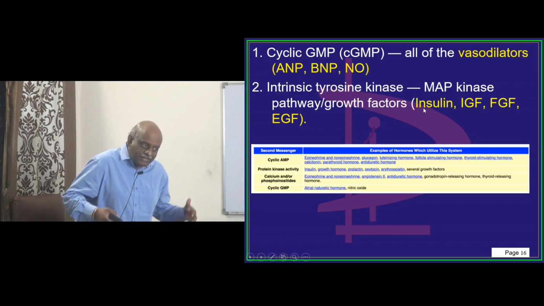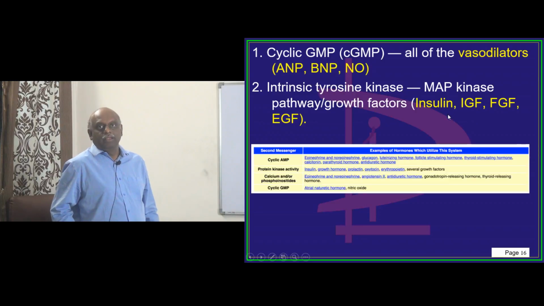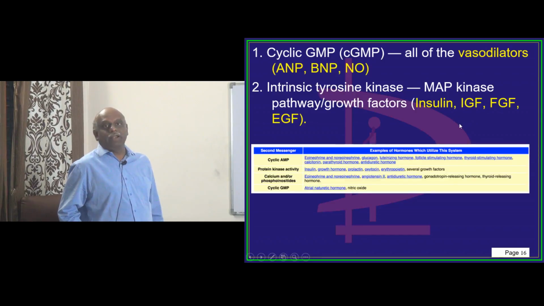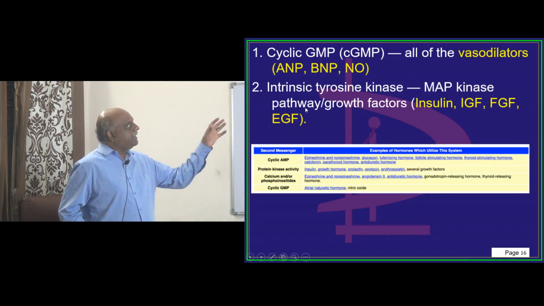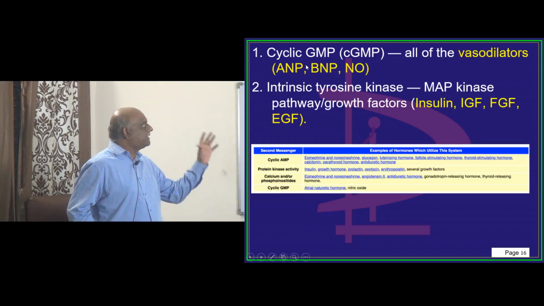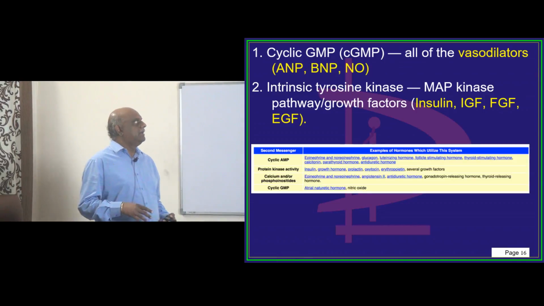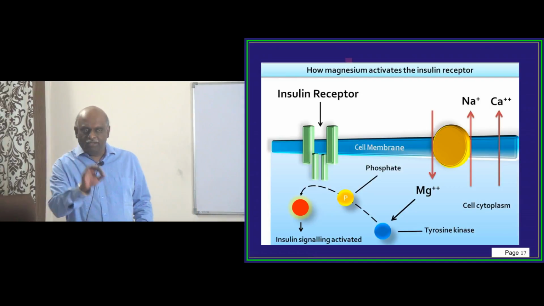Then intrinsic tyrosine kinase pathway कहाँ रहता है? Insulin, then fibroblast growth factor, epidermal growth factor, insulin growth factor. ये चीजों के लिए intrinsic tyrosine kinase is a secondary mediator is what I want to underscore to all of you. So insulin, tyrosine kinase.